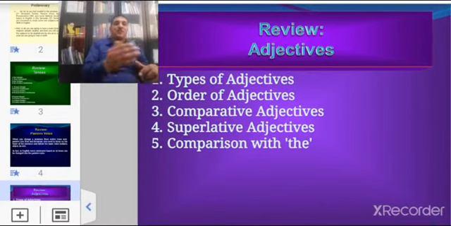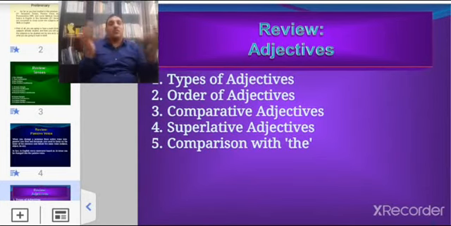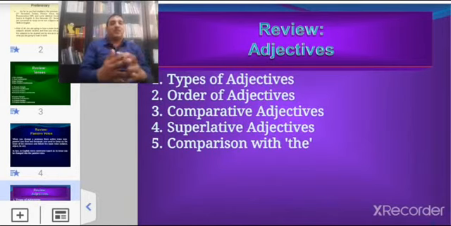For superlative, there are more than two people and we want to compare between them. Here you can use superlative adjectives. Ali is the cleverest in the class, for example, or amongst his classmates, or you can say he is the most handsome in the family. You can say like this.